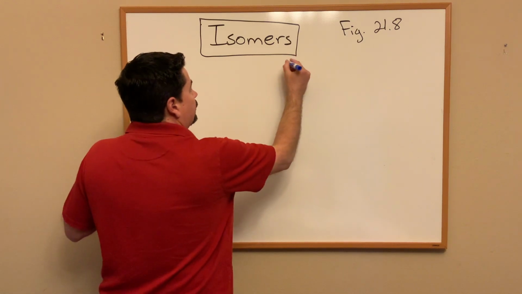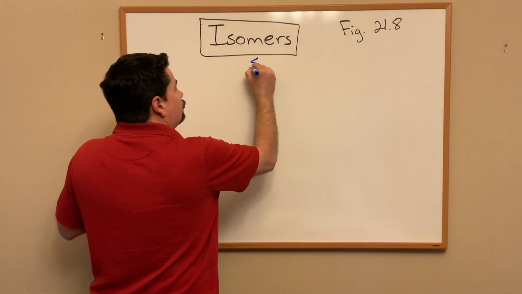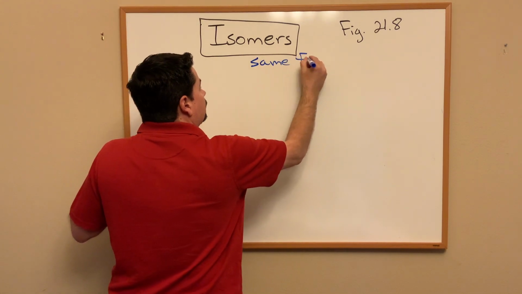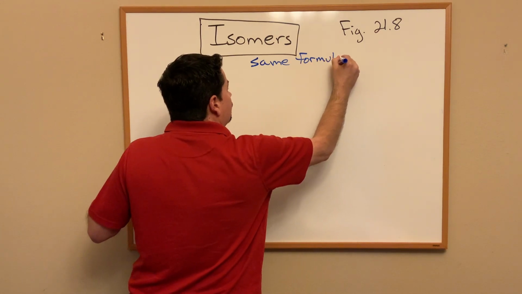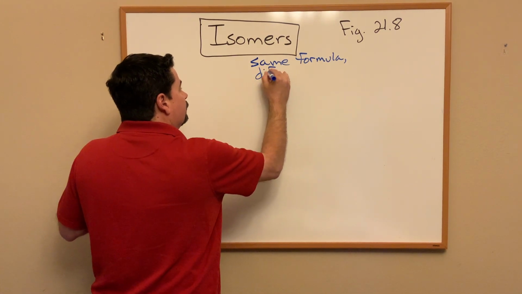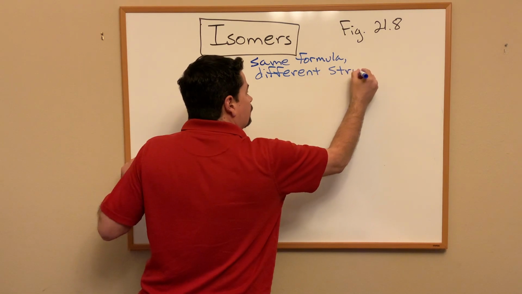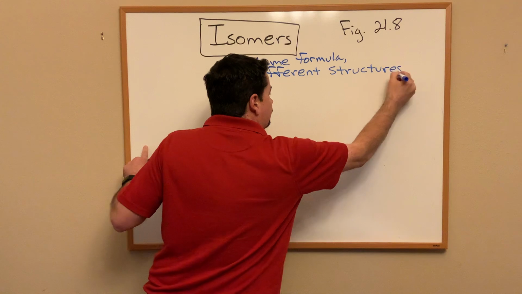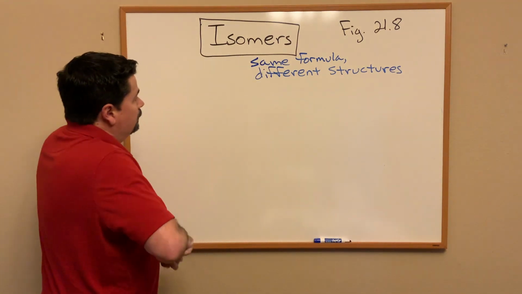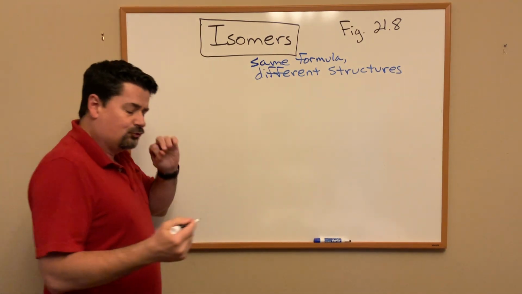These are compounds with, so we'll say here, same formula, different structures. Okay. Now, there are two major classes of isomers.